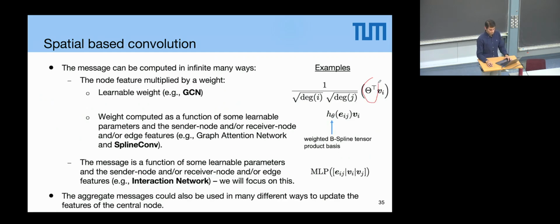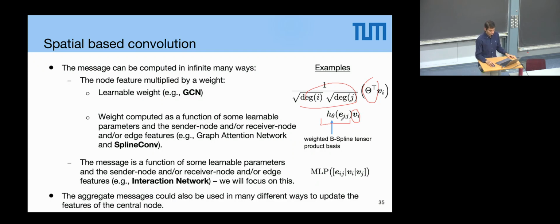We have this fixed weight plus this normalization. Or what we could do is multiply the features with some learnable weight, but now we are not learning the weight directly. We are learning the parameters of a function that takes as input some features.